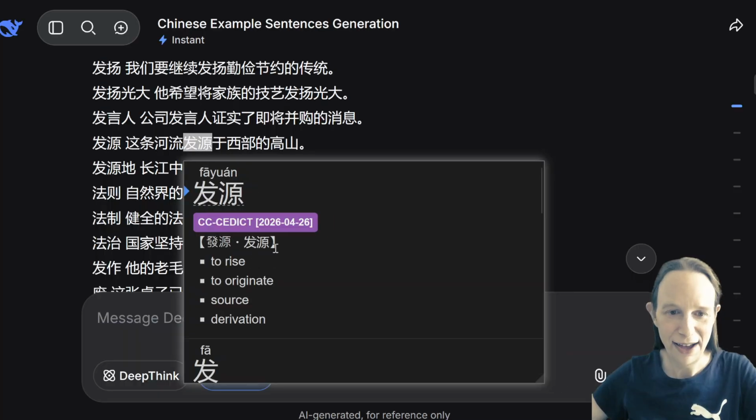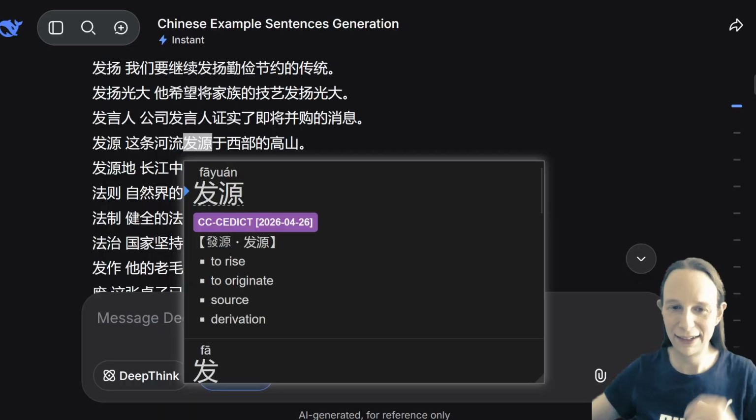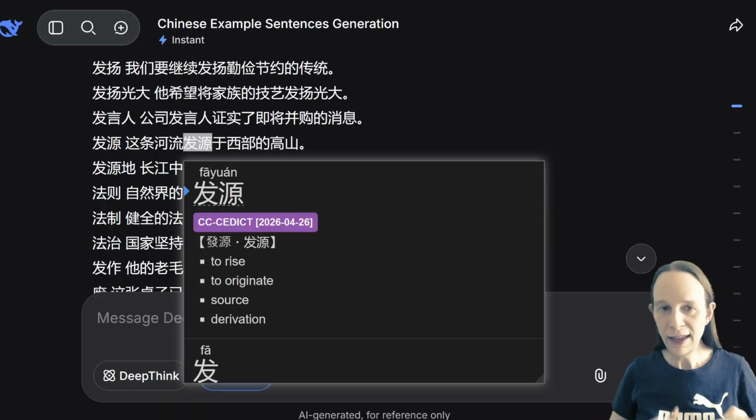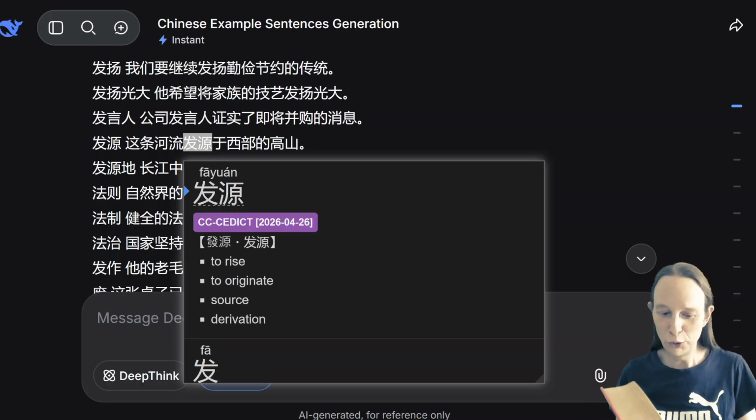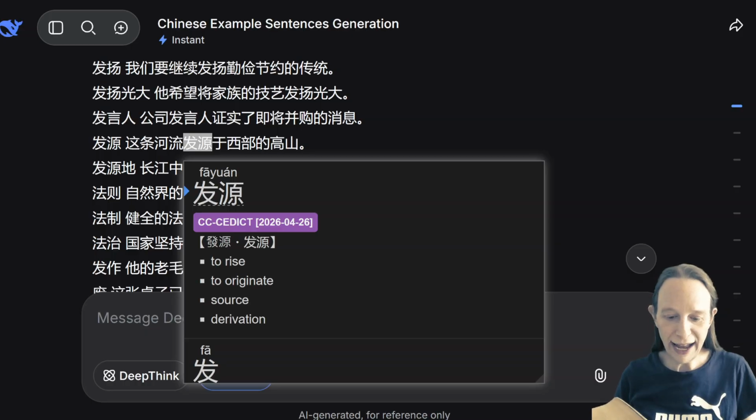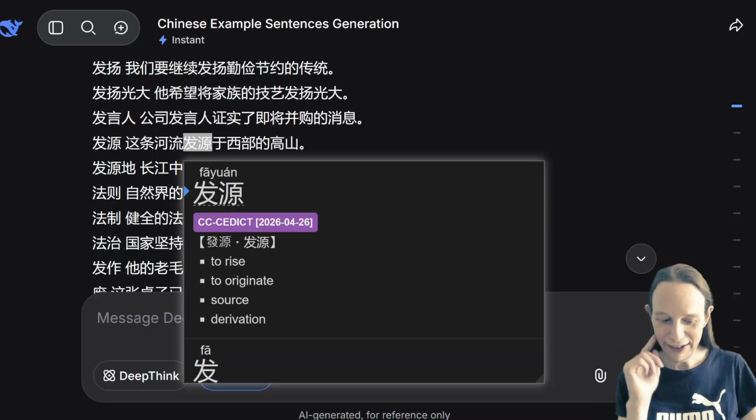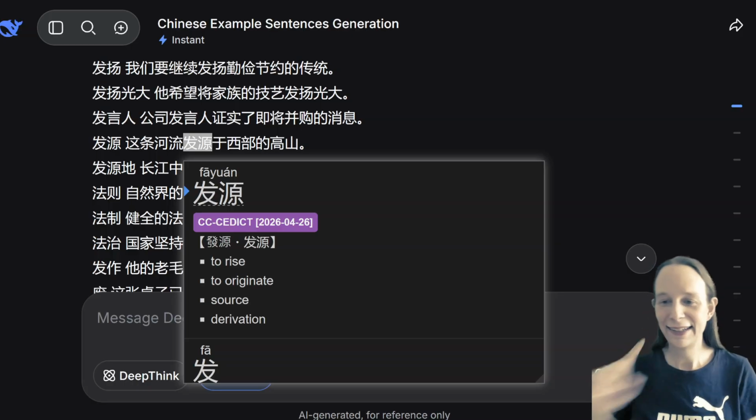Like 发源, rise, originate, source. Yeah. 发源. 发源 in the dictionary it says 河流的起源. All right. So the source of a river. 比喻事物的开端. Okay, so the start of an event. All right, used figuratively.